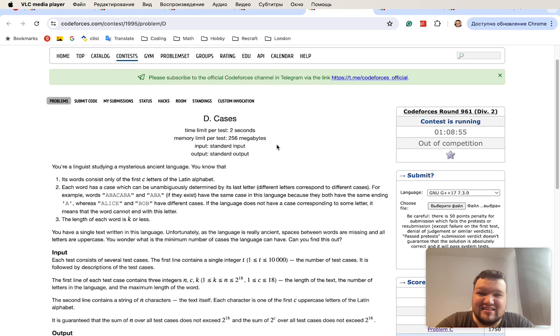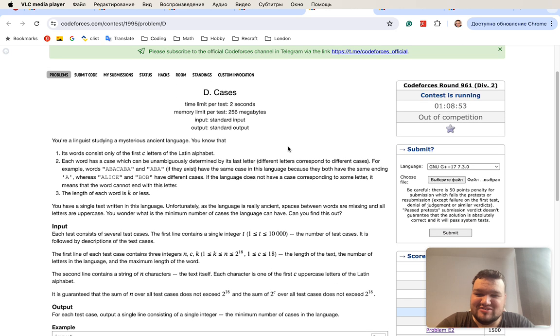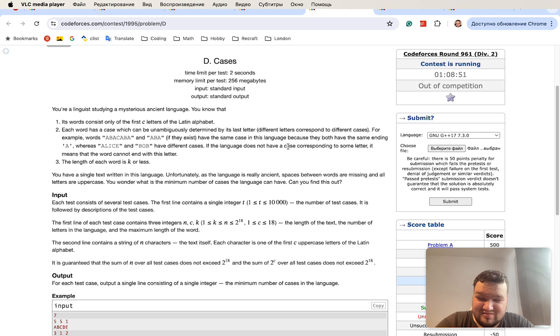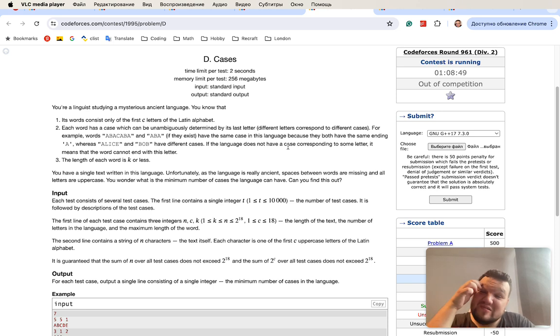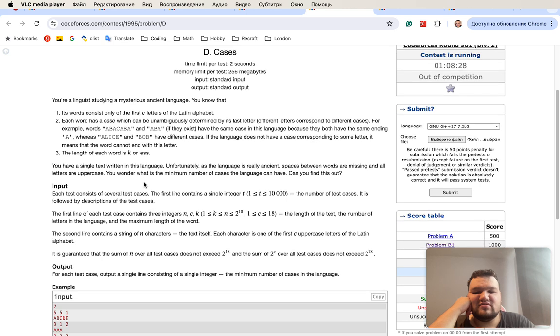That doesn't sound like a good thing to write in the statement. But okay, let's see. The length of each word is k or less. Okay. You have a single text written in this language. Unfortunately, the language is really ancient. Spaces between words are missing. All letters are uppercase. I wonder what is the minimum number of cases the language can have.